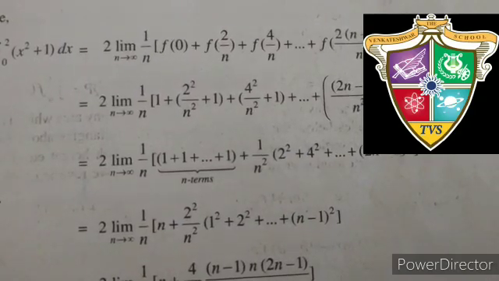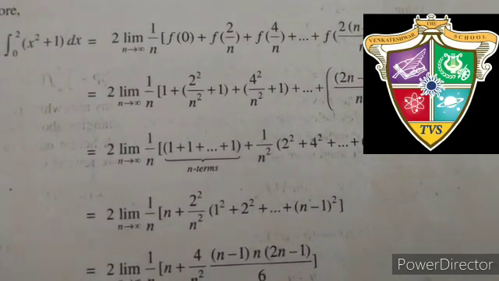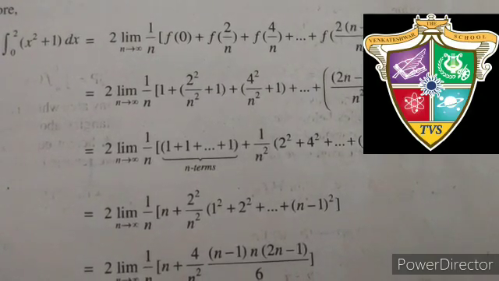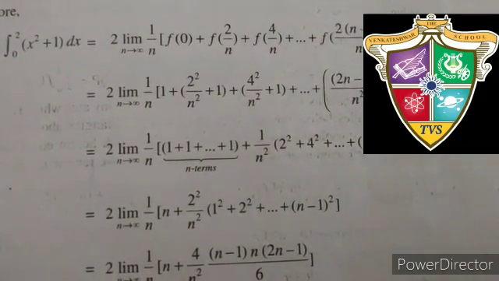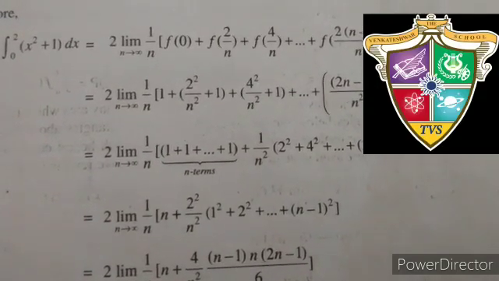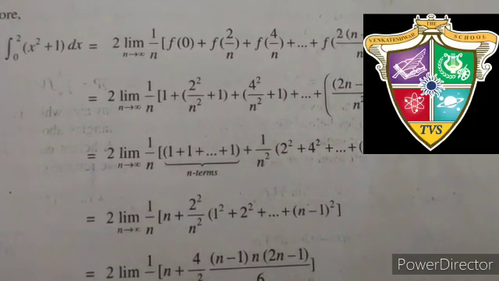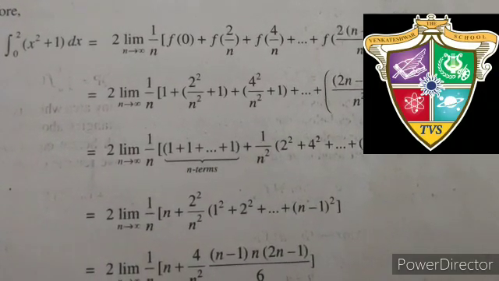Now if you take out all the 1s, you get n number of 1s. For each term you are getting 1: f(0) 1, f(2 by n) 1, f(4 by n) another 1, like that. Total n terms, n ones are coming out. So, if you add them together, you get n.